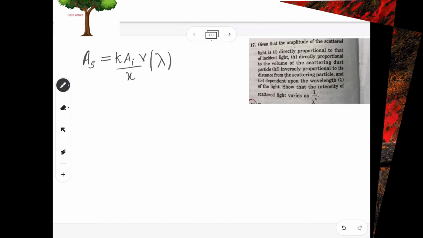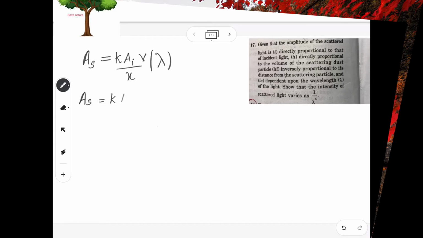So this is the mathematical expression of the question. As per the steps of dimensional analysis, I am writing the above equation as AS equal to K times AI raised to A, then V raised to B, and x raised to minus 1, the whole raised to C, because it is 1 by x.